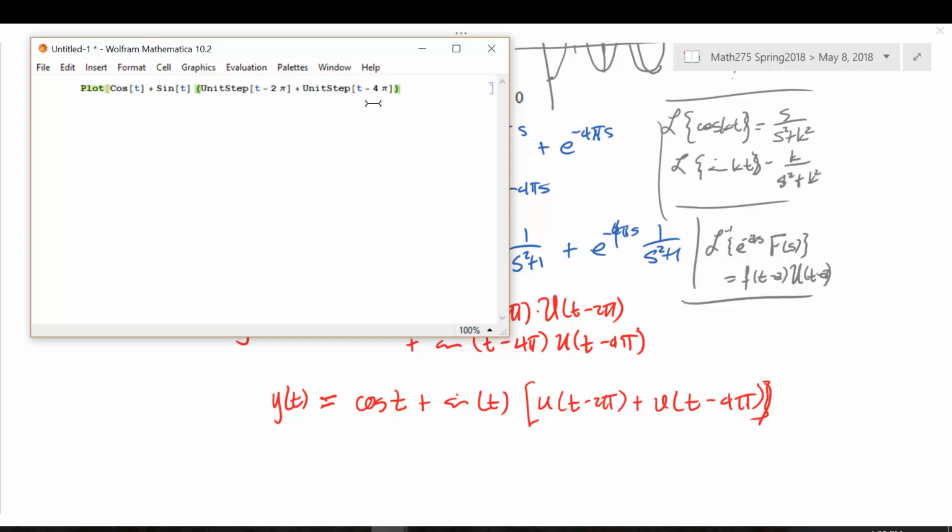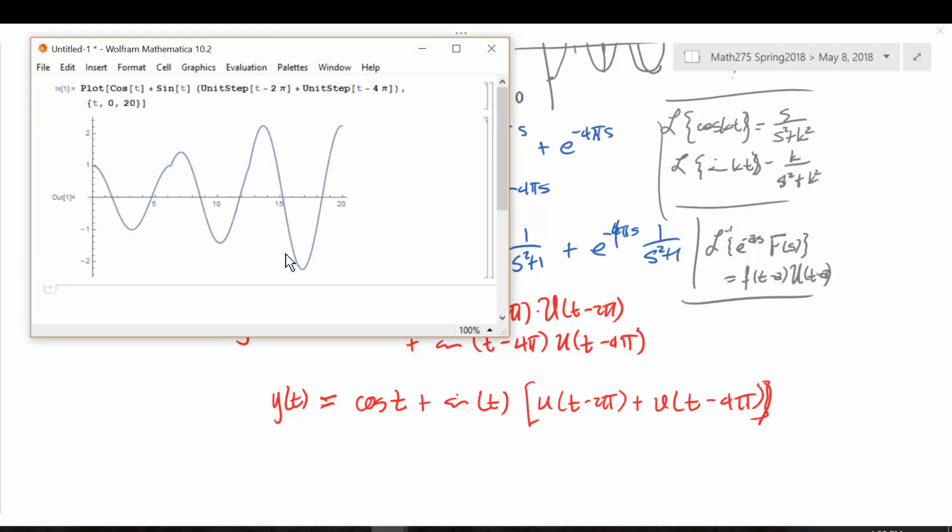Got my parentheses right. And so we want to graph this from 0 to, what's 4 pi-ish? 12. Let's go to 20. So 2 pi, 4 pi.